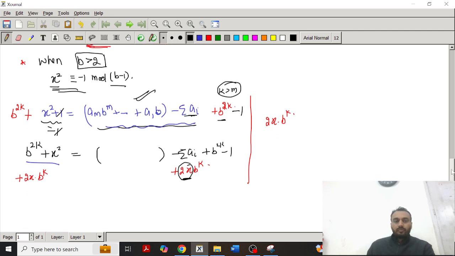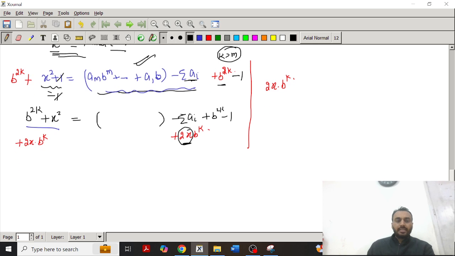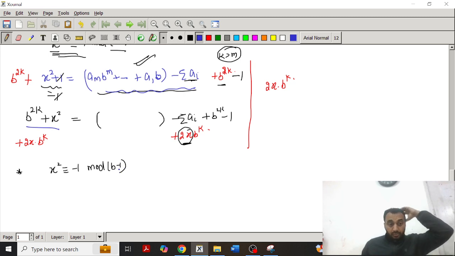So what we do, we use this information that x square is congruent to minus 1 mod b minus 1 to extract some small number for which 2x is between 0 to b minus 1, isn't it?